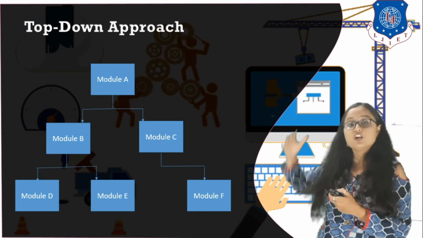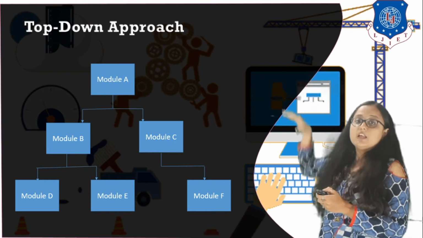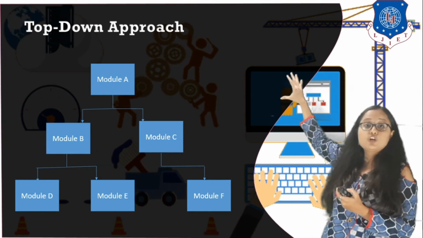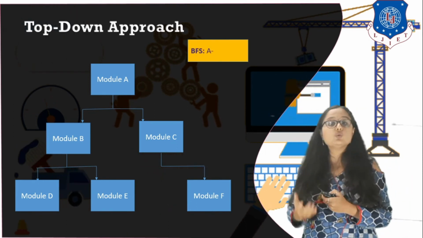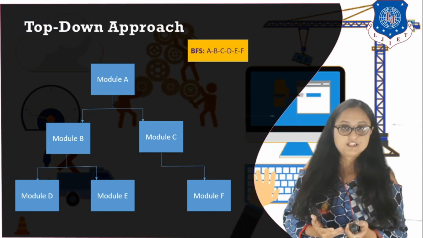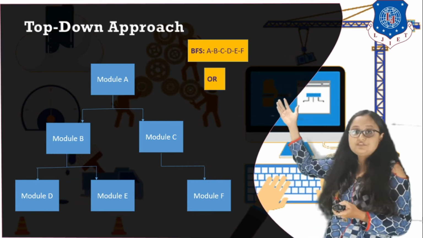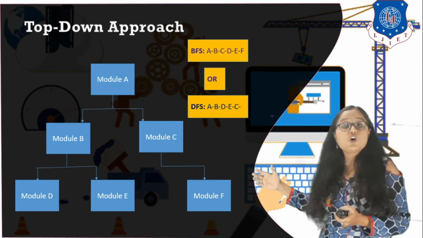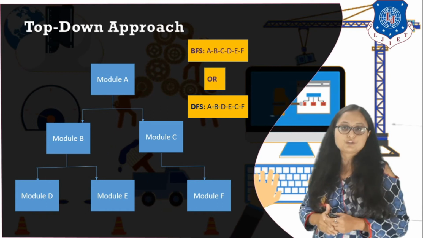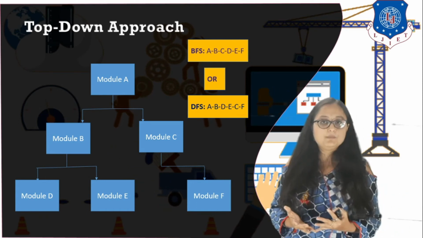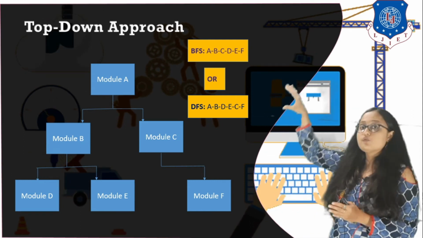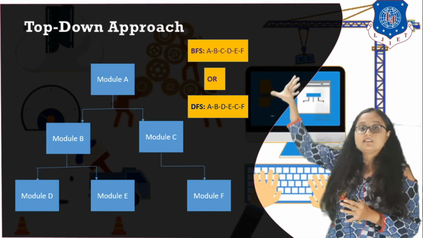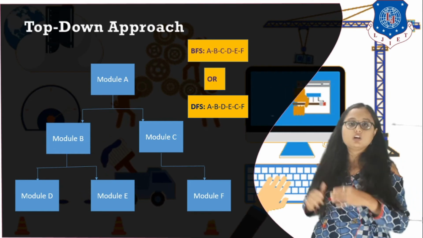Now if you are talking about the top down approach, it is assumed that your higher level module is coded or completed, right? Now you can use either BFS, that is breadth first search, or DFS, that is depth first search, for using this top down approach. You already studied what BFS and DFS mean in data structures. If you apply BFS and DFS on this particular tree structure, this is the output.